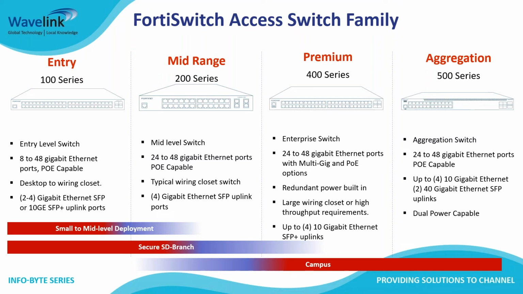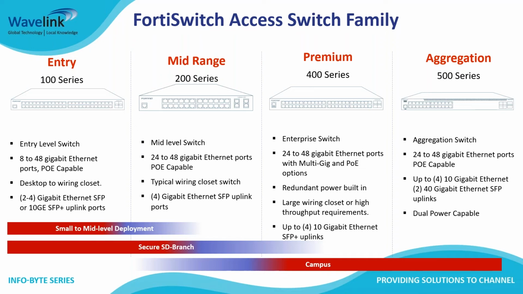But there's one last feature that I'd like to discuss about the 100 series. That is, the 100 series has the smallest switch that has 10 gig uplinks, which is the 124F series.